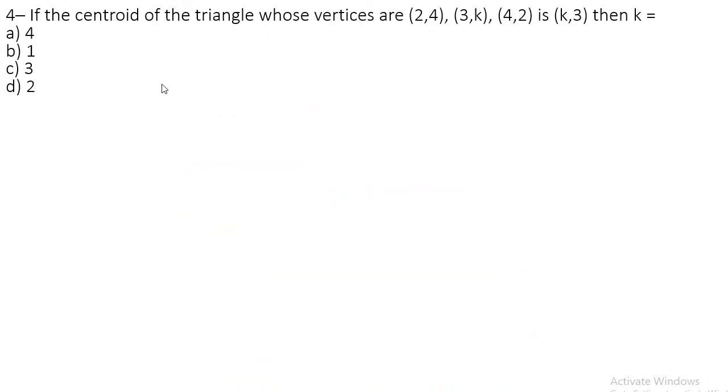So now the fourth question. The centroid of the triangle whose vertices are (2, 4), (3, k), (4, 2) is (k, 3). Then the value of k is?